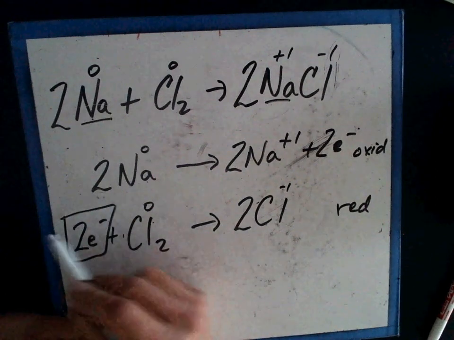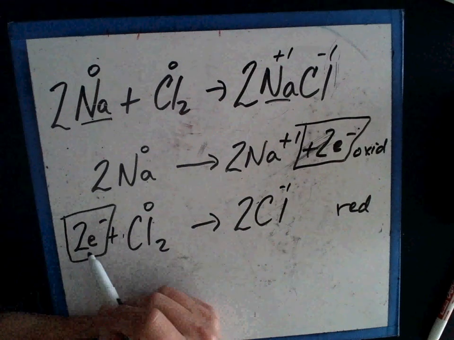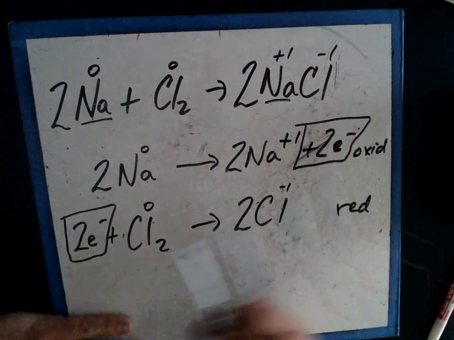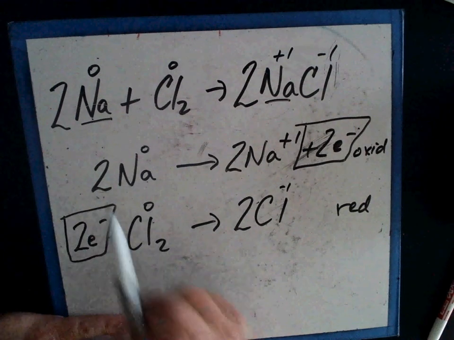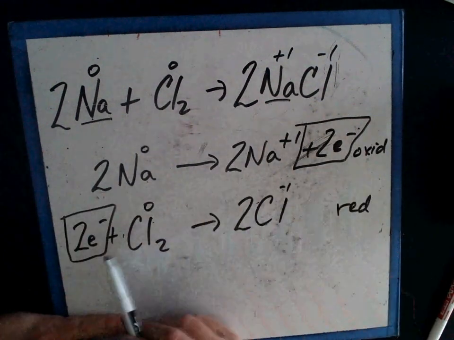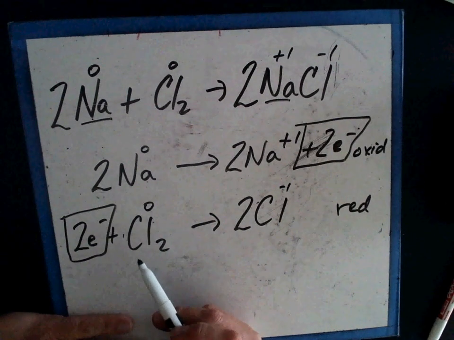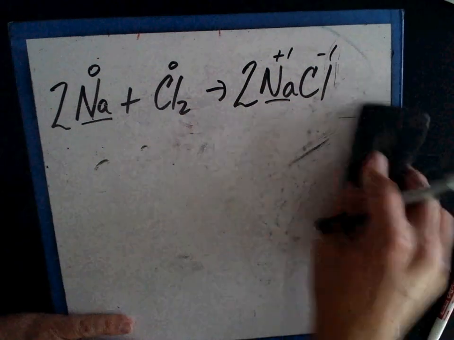Here's the really cool part. Gaining 2 electrons and I'm losing 2 electrons. Everything that I'm losing, I'm gaining. So I know my whole reaction balances out. Not just with big numbers, but with charges also. So I'm taking into account overall charge and taking into account the atoms as well.